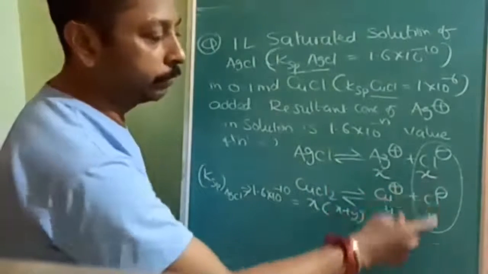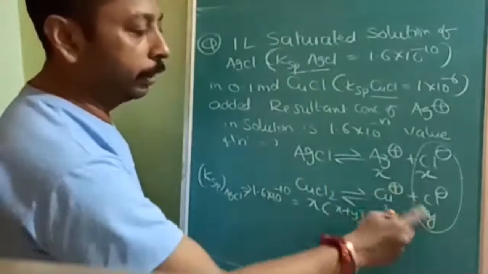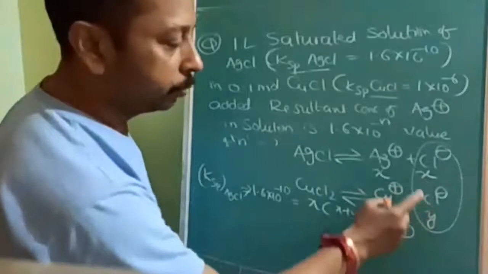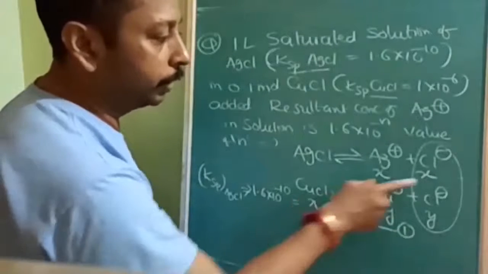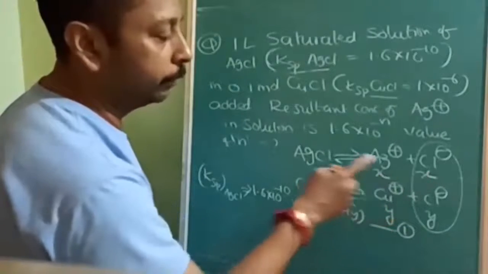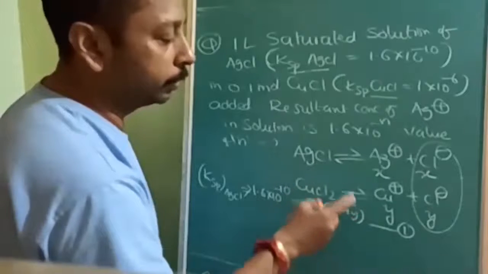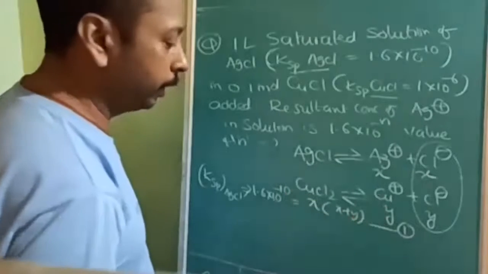X into X plus Y, the common ion, and we cannot neglect any of them because both are sparingly soluble. If on one side it is a single arrow, then we will neglect this one. If both are double-sided arrows, then you cannot neglect anybody.